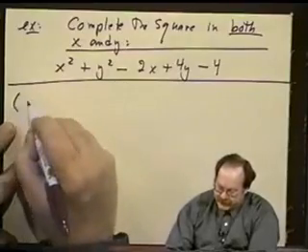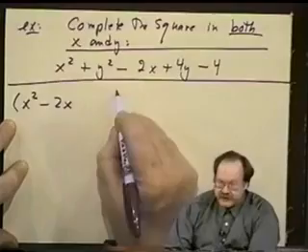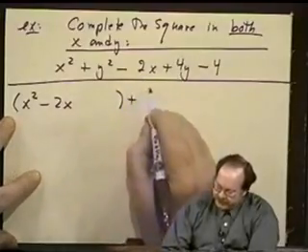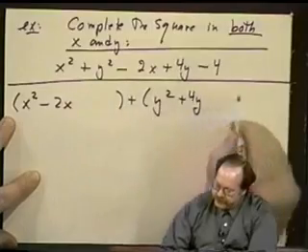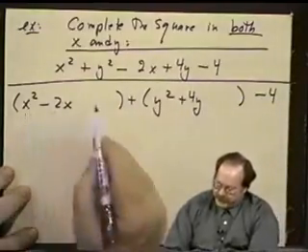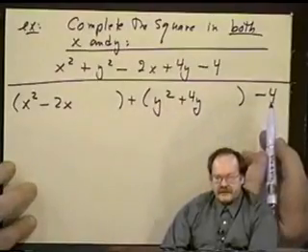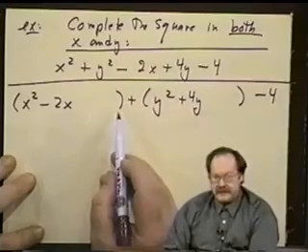So I'll isolate things, bring my x squared and my minus 2x together, leave a space in the parentheses, plus my y squared, which is here, plus 4y, leave a space, and then there's the minus 4 out at the end. So I put all my x's together, all my y's together, and my minus 4. And the parentheses this time are just for my peace of mind, to keep things together.